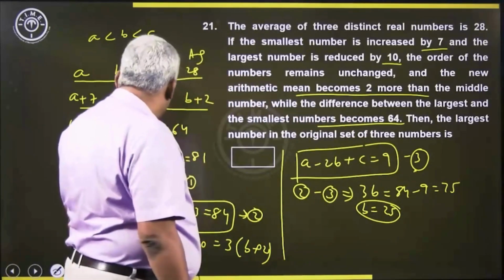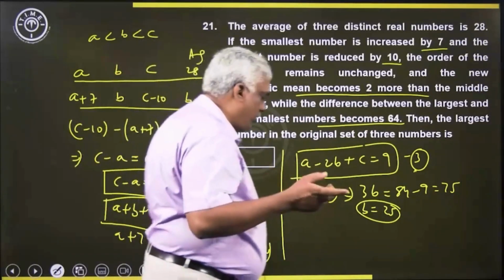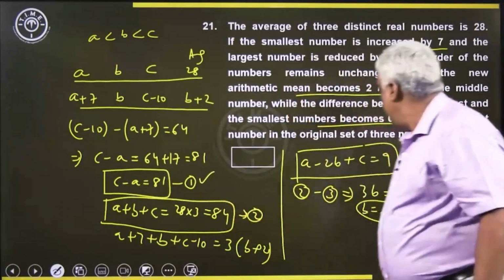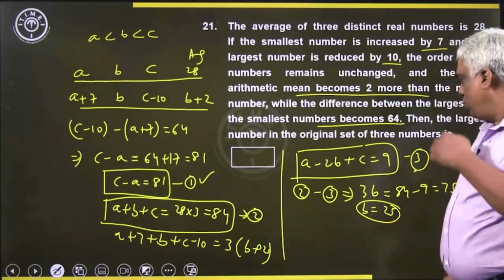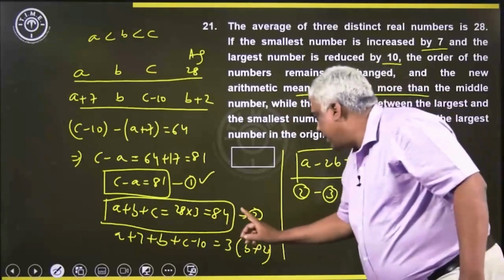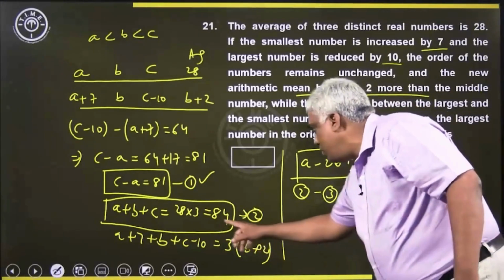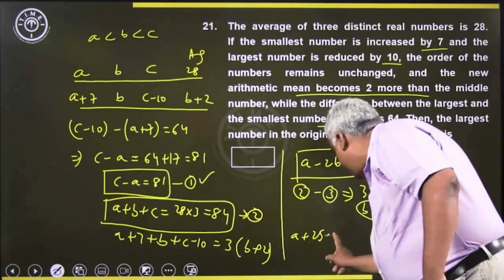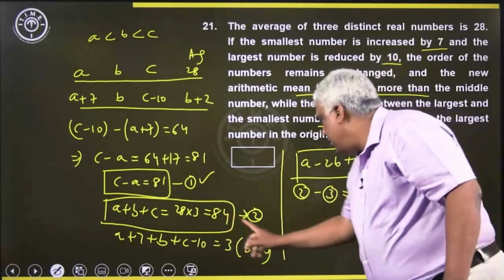Now we have to solve for C. Already we have C minus A here. Now, B is 25, so let us put B equals 25 in equation 2. So A plus 25 plus C is 84.